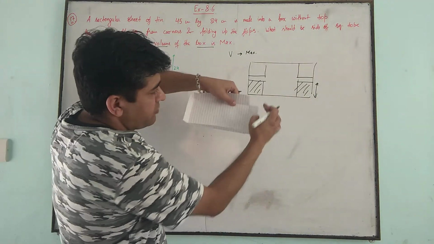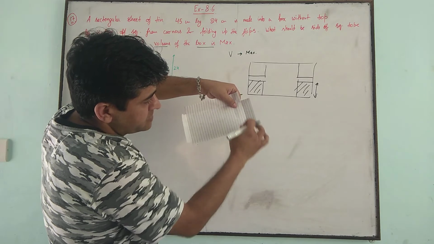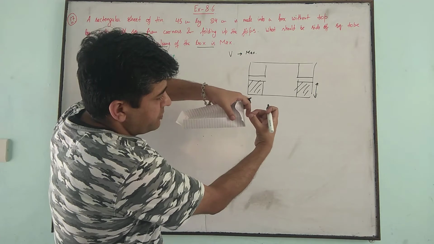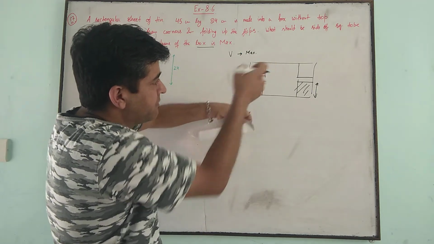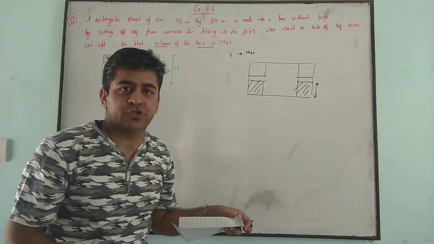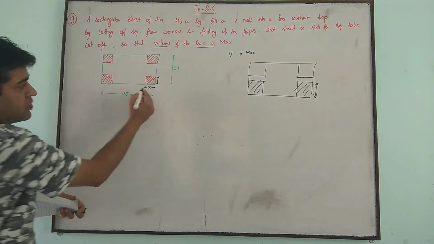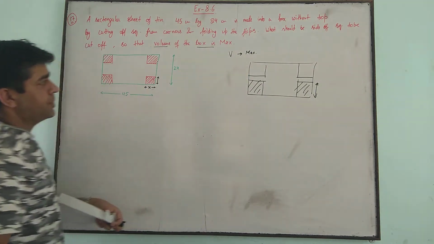This is the square we are cutting, and if it is more, then its height will increase. Breadth will be reduced, length will be reduced, and height will be increased, means there will be a change in the volume. So the question is to get the value of x for the maximum possible volume.